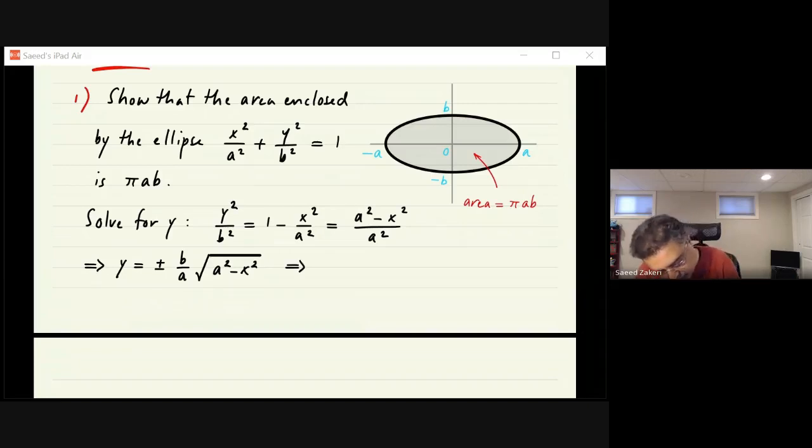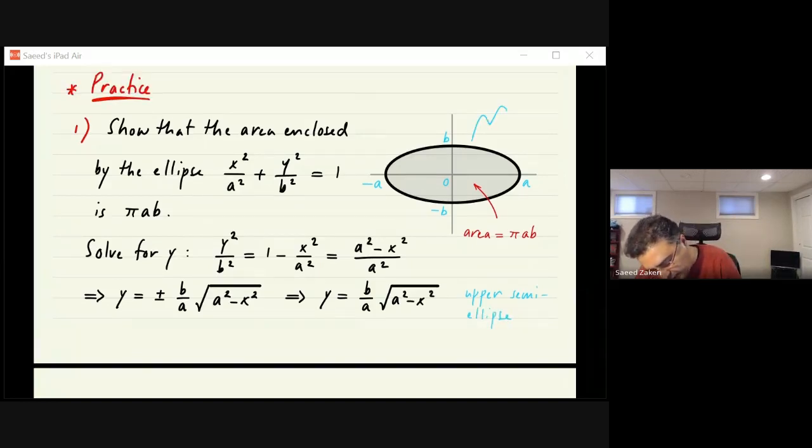I could have taken the lower one, it doesn't matter. That's going to be the formula for the upper semi-ellipse. That's the graph of this part.